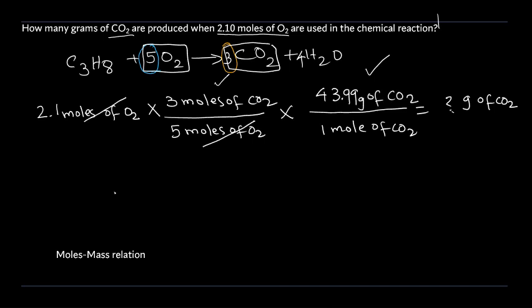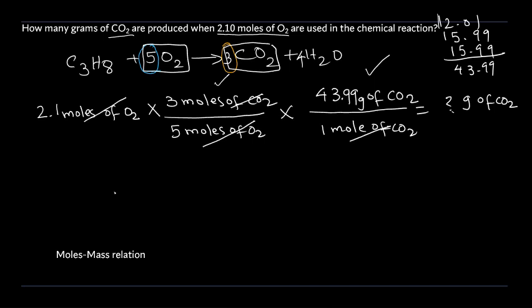If you take the masses from the periodic table, you can see that carbon is 12.01, oxygen is 15.99. I have two oxygens, so 15.99 twice. That will give you 43.99. Okay, and now I can cancel moles of carbon dioxide and moles of carbon dioxide, and I end up with grams of carbon dioxide.